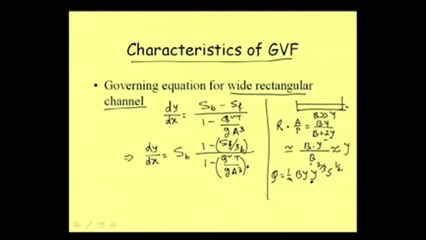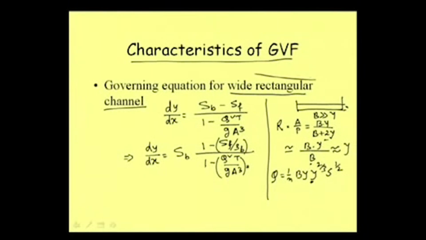Now, when we are writing this expression for gradually varied flow, then we know that as it is gradually varied flow, at each and every section it will not be uniform flow depth. Rather, say if in a channel, uniform flow is flowing like that, this is the yn, then somewhere here it will be rising like this.